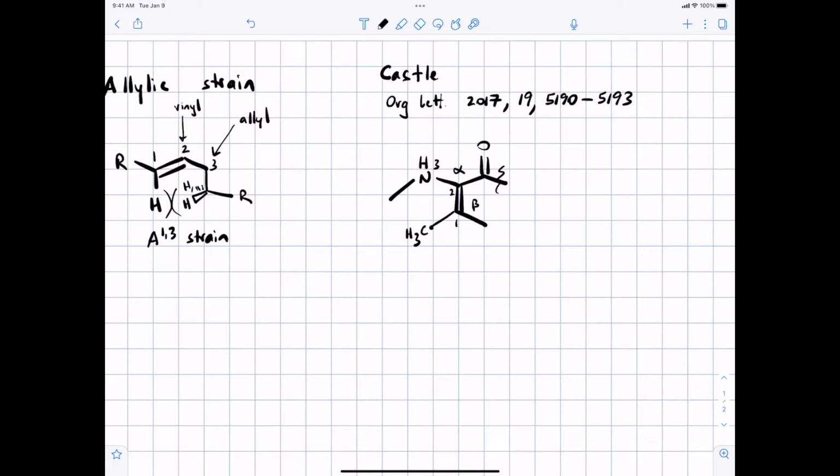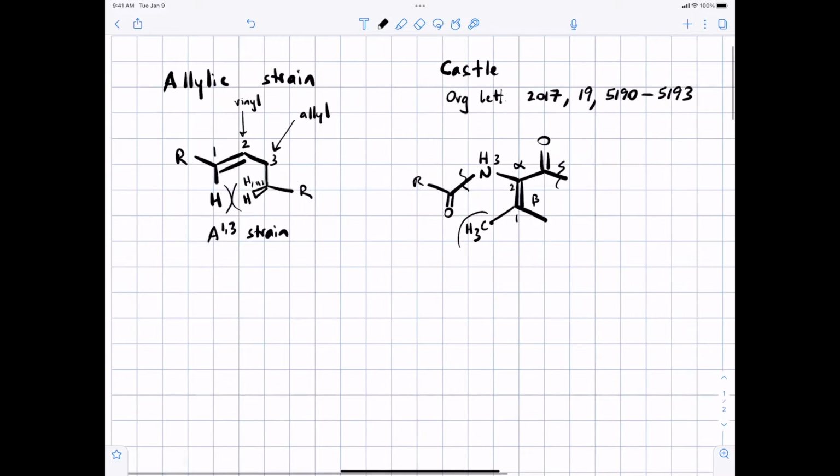And then this group over here is something that's not hydrogen, it's actually another carbonyl carbon. So you have strain between the substituent on carbon 1 of the double bond, which is this methyl group. That's bigger than we had over here on carbon 1. And then atom 3, which here happens to be a nitrogen, has a large group on it as well. And so you've got, again, A13 or allylic strain.